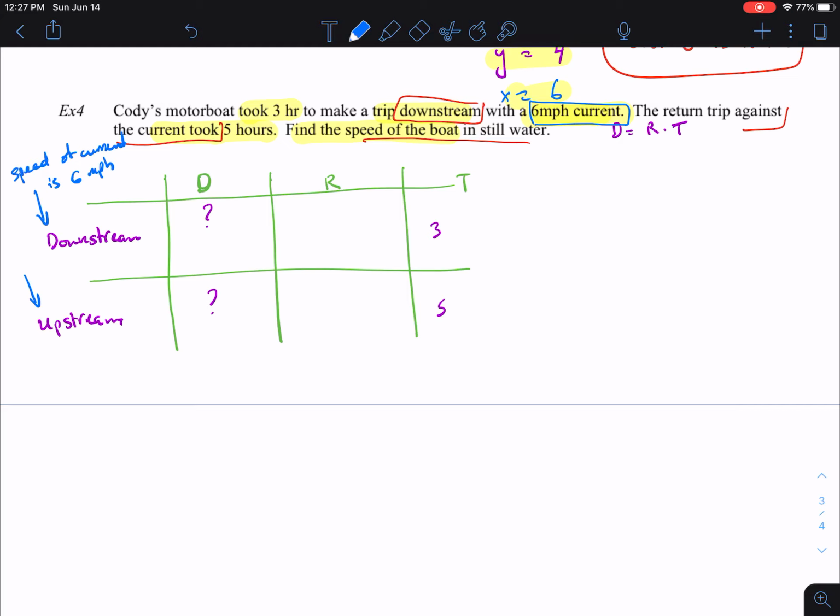Okay. So as far as the rate goes, when you go downstream, the word downstream means with the current, meaning you are going in the same direction as the flow of the water. Essentially, you are going faster than what you intend to go because the flow of the river is carrying you downstream.